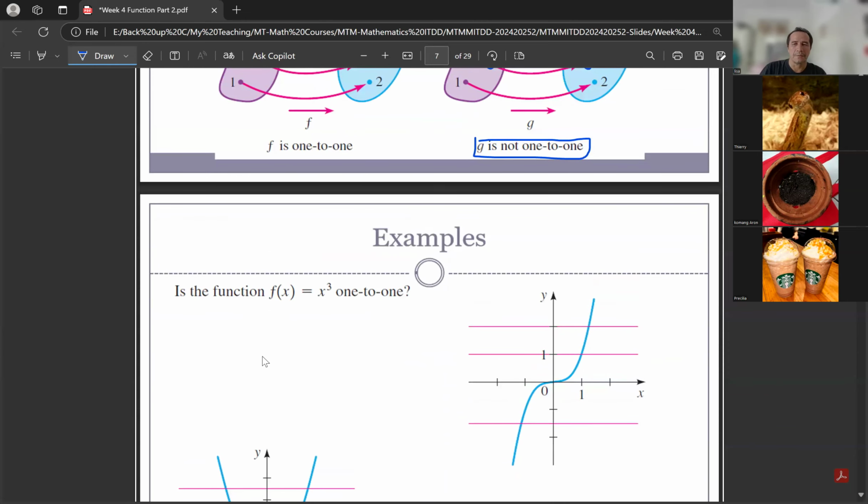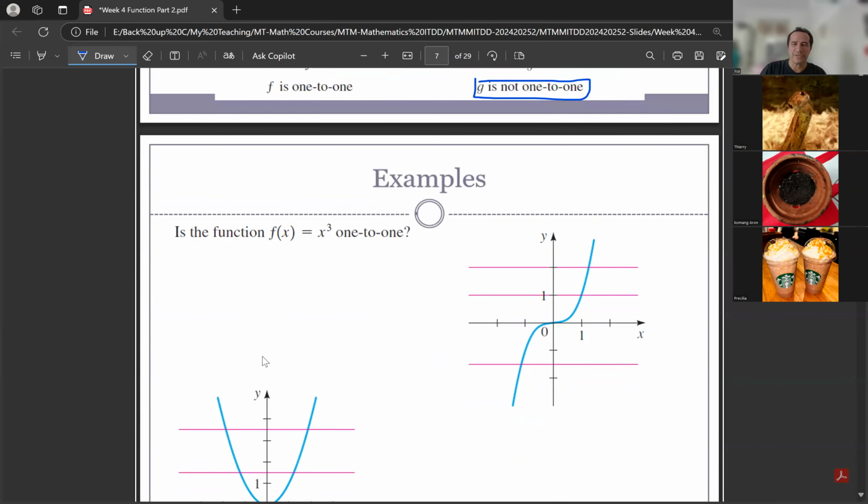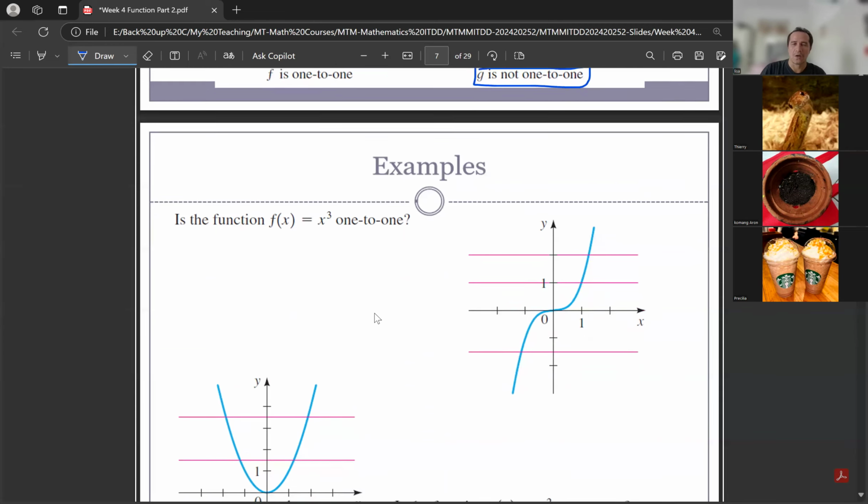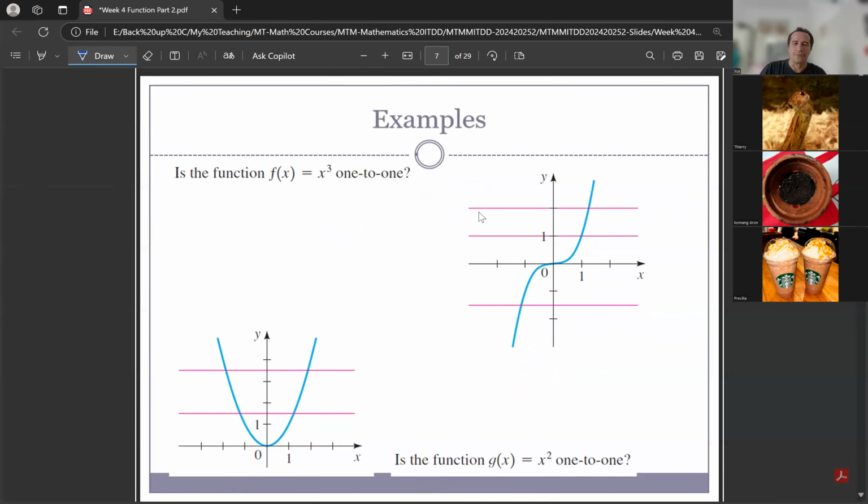And by using geometry, we can determine whether the function is one-to-one or not. How to do that? We can check by using a horizontal line. In this illustration we have x cubed. The graph of f of x equals x cubed looks like this.